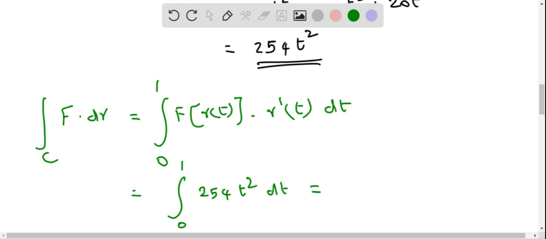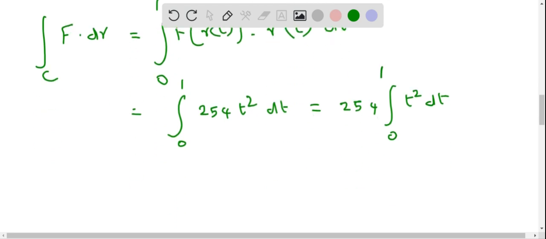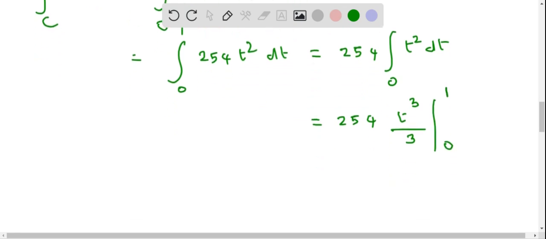So let's integrate this. I can factor out the 252, which is a constant, and then integrate only the t squared from 0 to 1. Integration of t squared is equal to, when we apply the power rule, t to the power of 2 plus 1, which is 3, divided by the same power, which is 3, and we have to evaluate between the limits 0 to 1. When we substitute the 1, we'll be getting 252 by 3. This will be, when we apply the limits, 1 cubed minus 0 cubed.